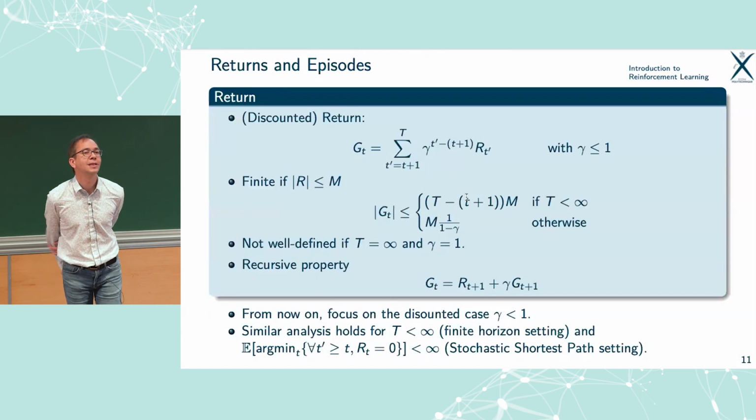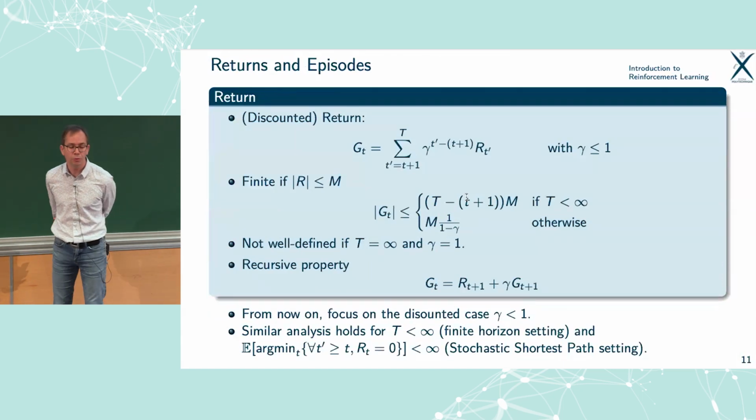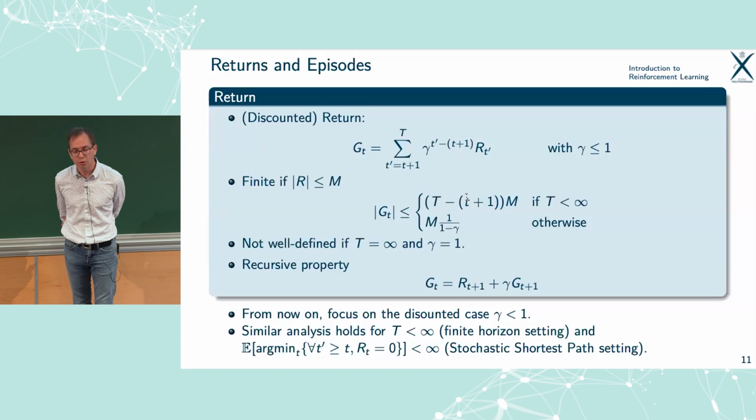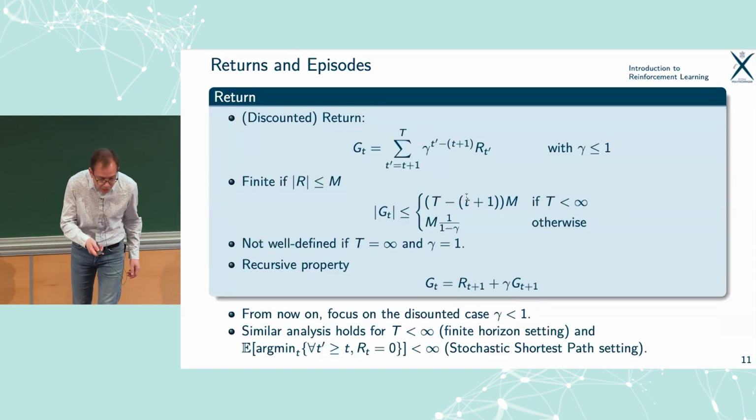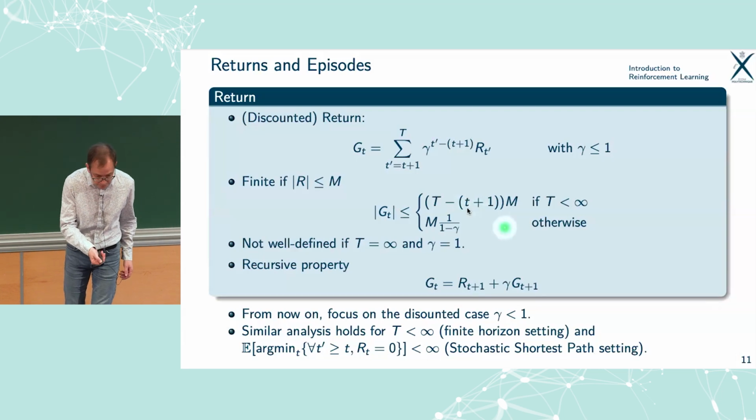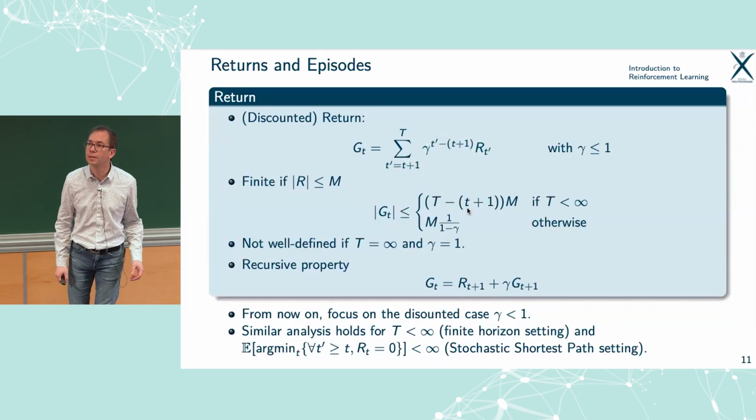I'm going to be slightly more specific. I've said that I'm going to measure the quality through what is called the return, the sum of the rewards. And if you look carefully, I've added some strength factor in front of the reward.